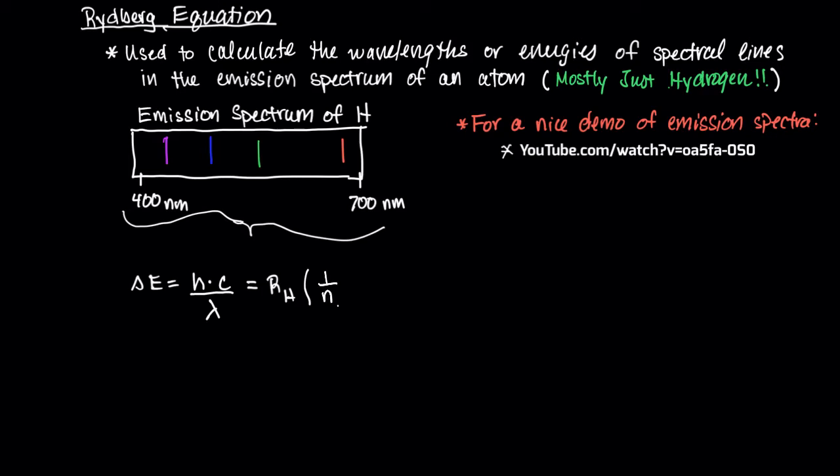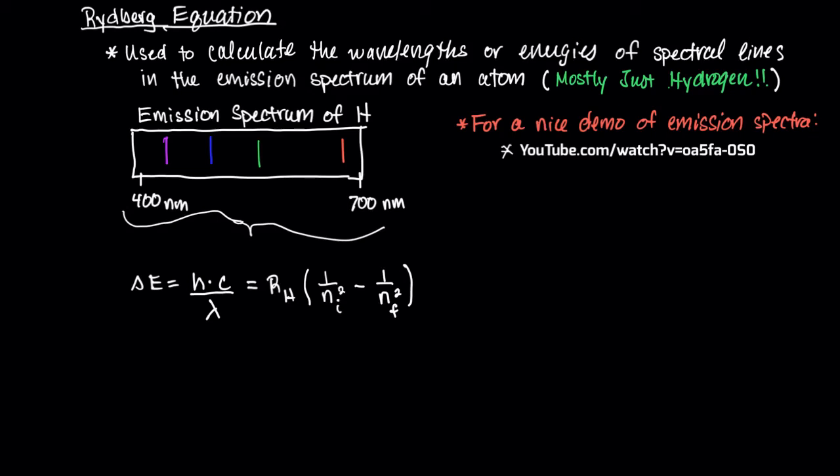So here I'm going to use n sub i to indicate the energy level in which the electron is found initially, minus the energy level where the electron reaches finally after it transitions. I just want to specifically define these variables.